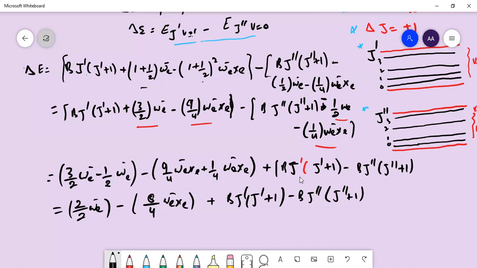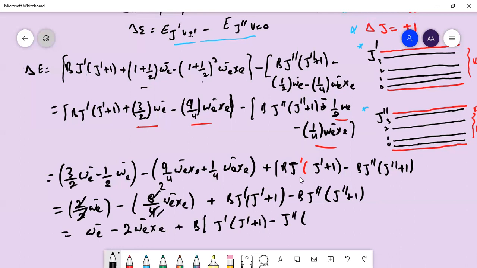So here again I can cancel this 2 and 2, 4 and 2, 8. The equation will become omega e bar minus 2 omega e bar xe plus, let me take b as common between these two. So the equation will be like this: bJ, and multiplying these two, let me first do this, J' plus 1 minus J'' plus 1.